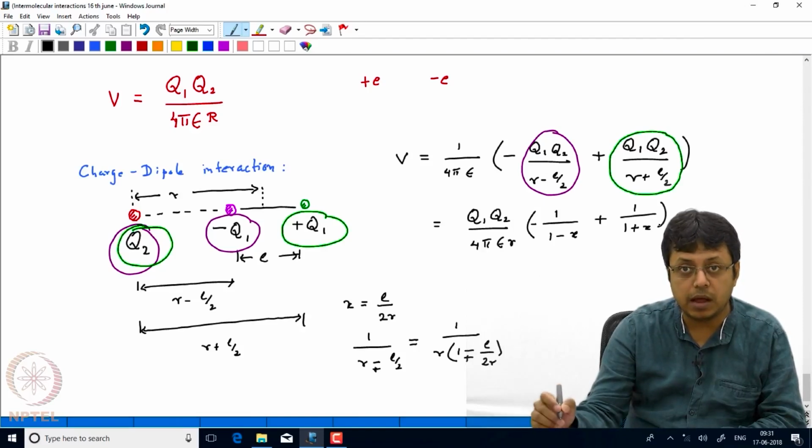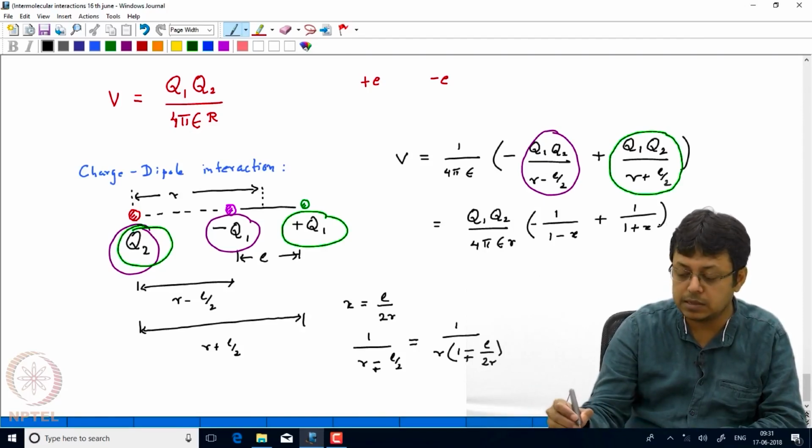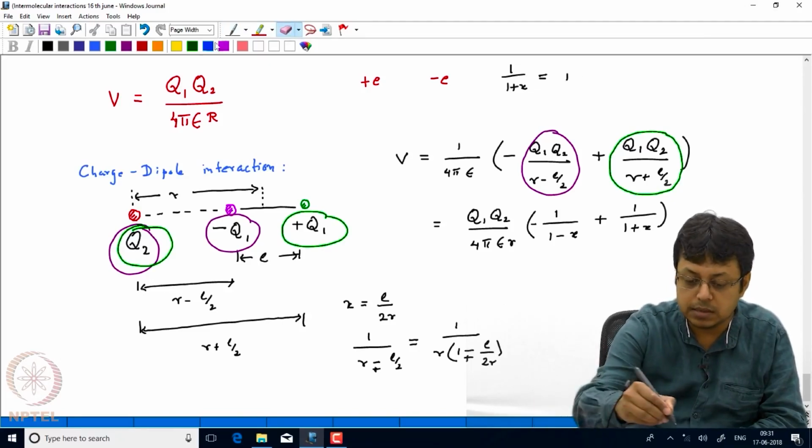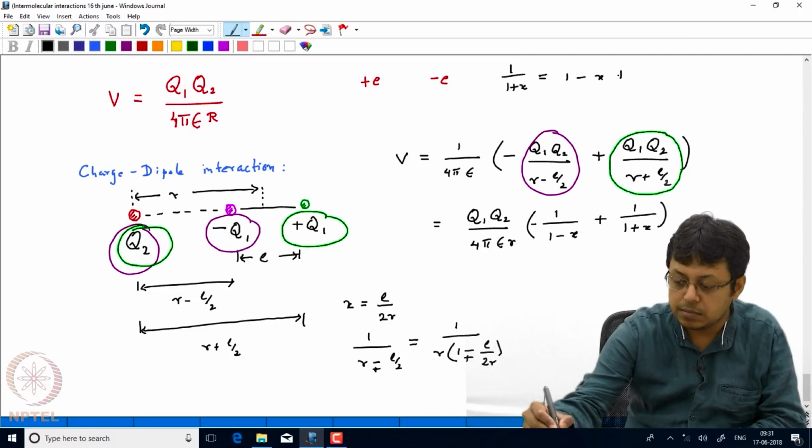Now we have to expand 1 upon 1 plus x and 1 upon 1 minus x, that we already know. 1 by 1 plus x, the expansion goes like 1 minus x plus x square minus x cube, and so on.